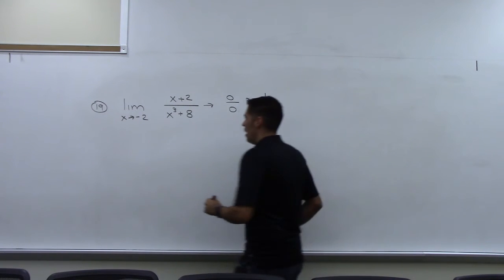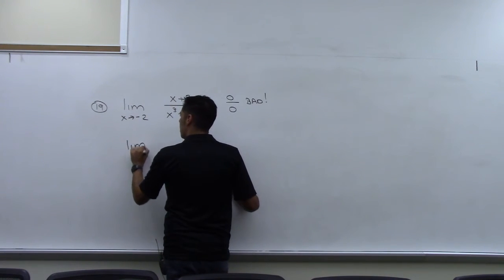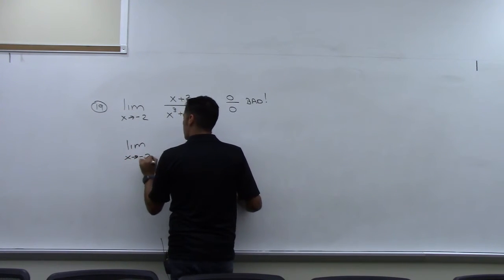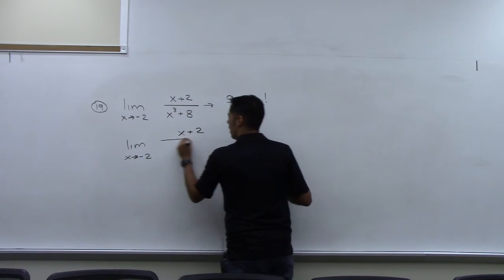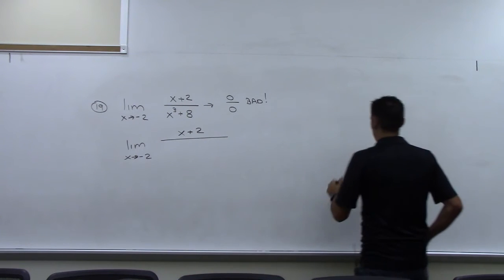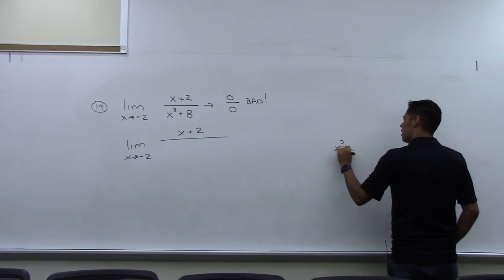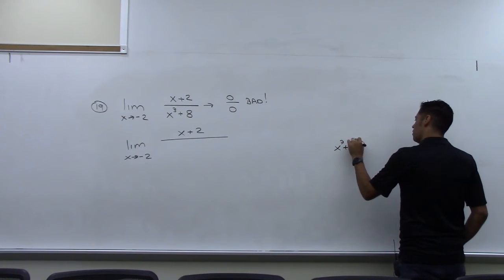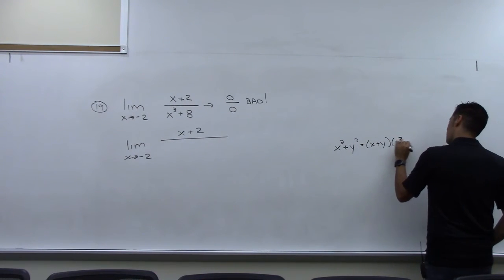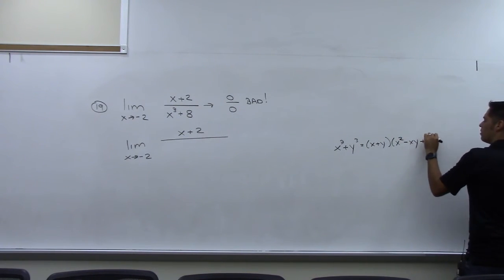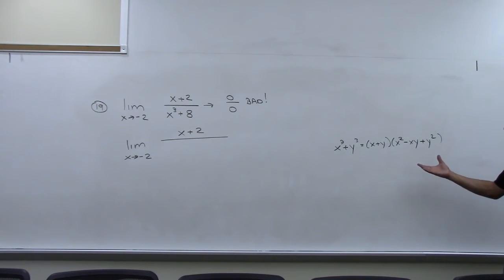On this one, I've noticed that the denominator is a sum of cubes. And there's a sum of cubes formula, I'll just put it over here. x cubed plus y cubed is equal to x plus y times x squared minus xy plus y squared. That's our formula for sum of cubes.